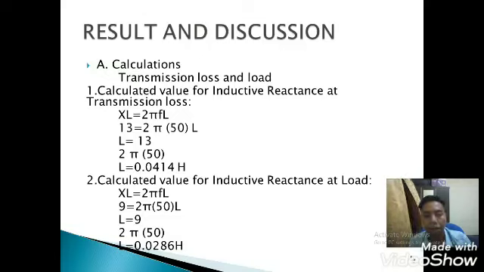Second, we calculate the value of inductive reactance at load. We use the same formula, which is XL is equal to 2 pi fL. The XL is 9 and the same frequency, which is 50 Hz. So we can get the value of L is equal to 0.0286 Henry.